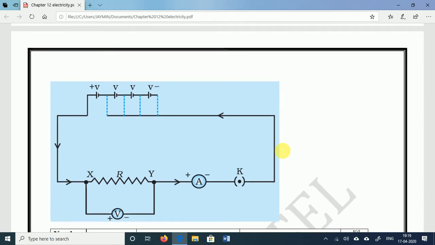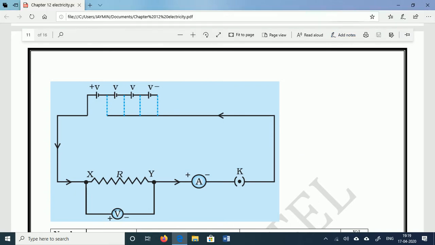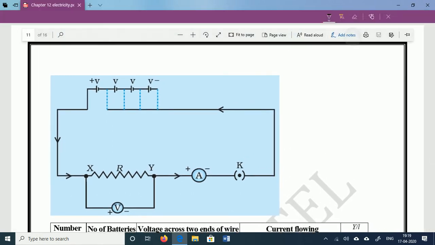In this circuit he used a variable battery. A variable battery means a battery in which we can set our voltage; I can set 1.5 volts, I can set 3 volts. I can change the voltage in this battery, and there is no need to change the battery.